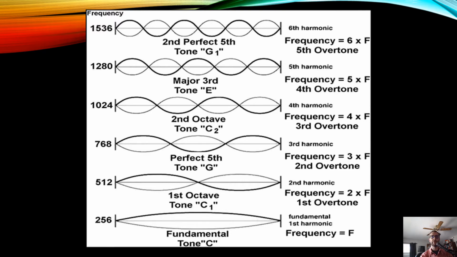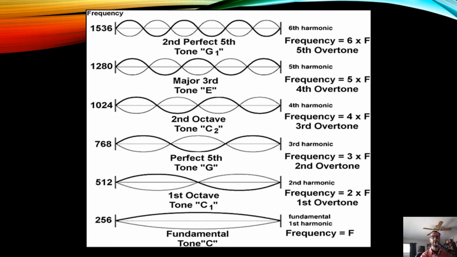Here's another example. We're starting on the tone C, and then we have the octave C, then we have the perfect fifth tone, then we have the next octave, then the major third, and then the perfect fifth. These are typically how things are going to happen in terms of the frequency.